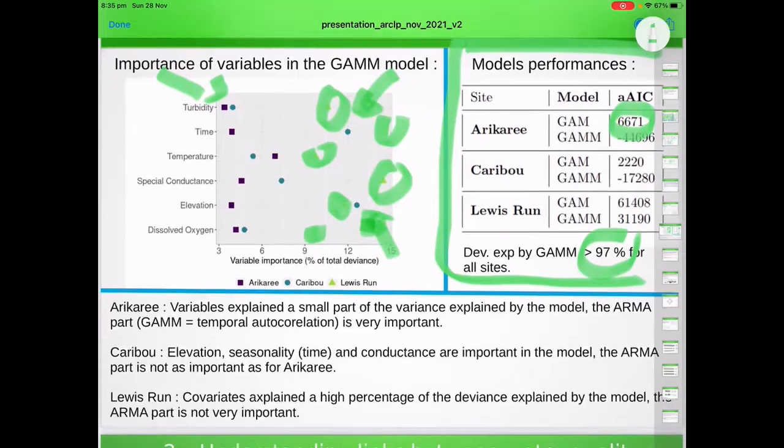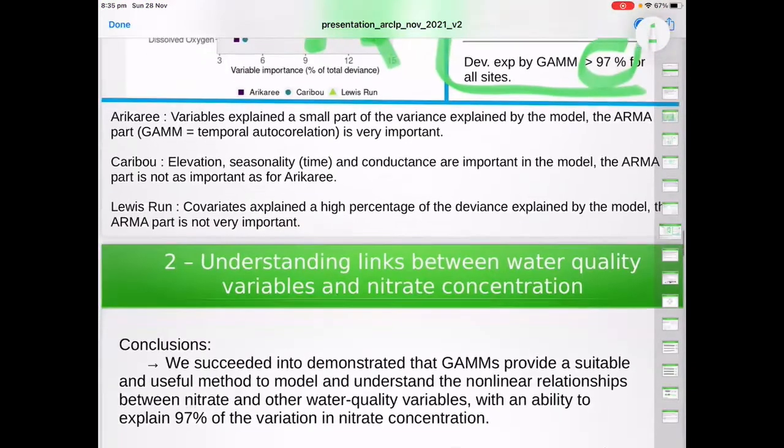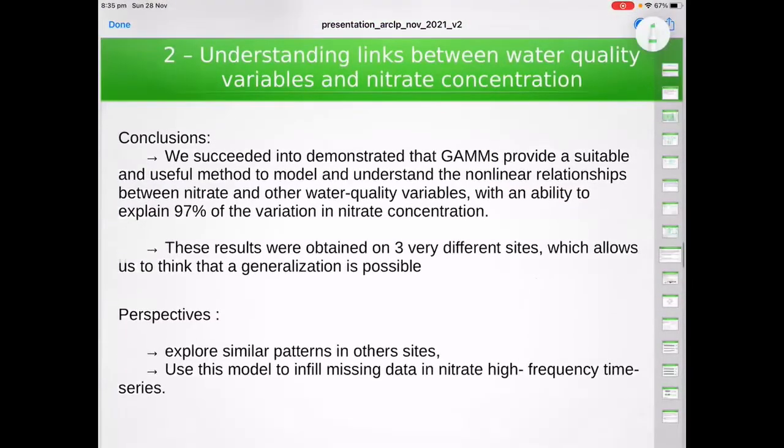So this was the first conclusion of this part, to understand the link between the water quality variables and the nitrite concentration. I think we succeeded in showing that our model provides a useful method to understand some non-linear relationships between nitrite and the other water quality variables, with a high percentage of deviance explained by our model.